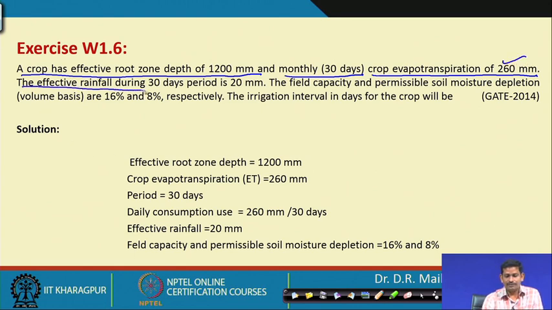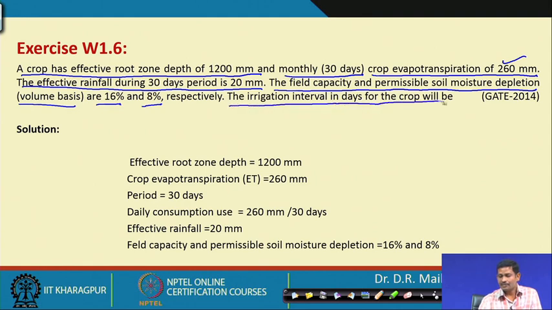The effective rainfall during the 30 days period is 20 mm. The field capacity and permissible soil moisture depletion on volume basis are 16% and 8%. Okay. The irrigation interval in days for the crop will be?